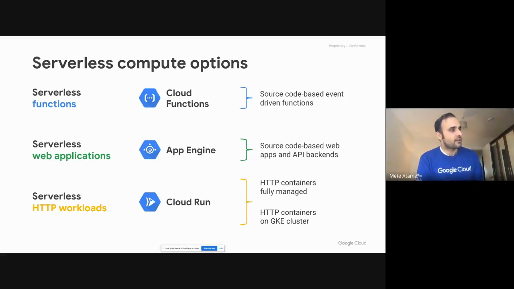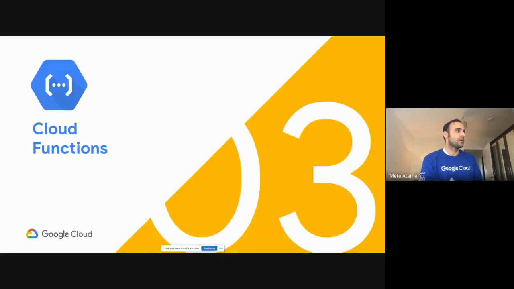And then finally, you have Cloud Run for pretty much any kind of stateless, HTTP-based containers that you can run on Google's managed infrastructure, but also on GKE as well. Now, the first thing that we want to talk about is Cloud Functions, and this is also the first lab that Guillaume is going to show.